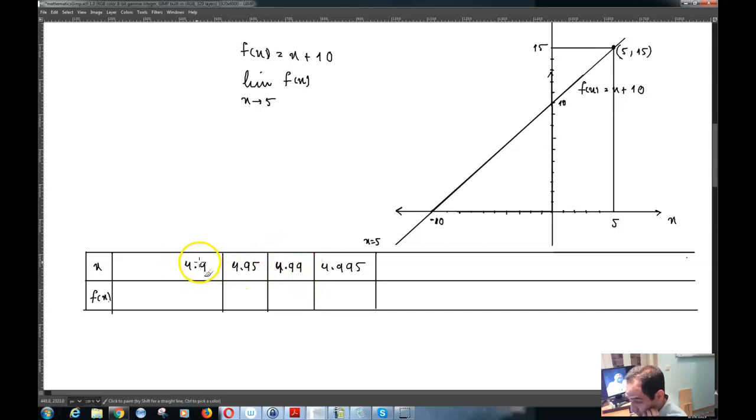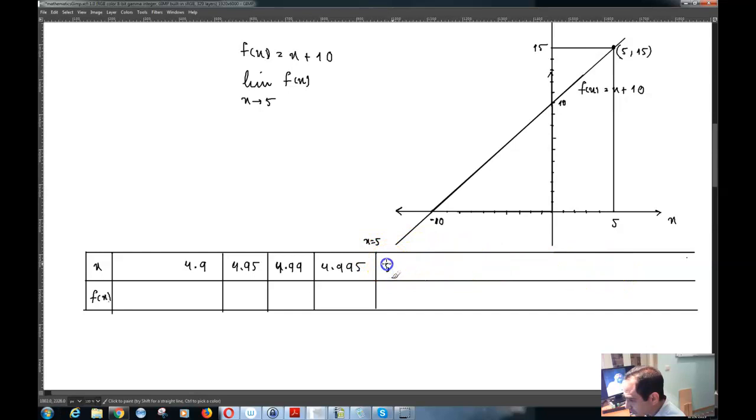So the difference between 4.9 and 5 is 1/10 of a unit. This is 1/100th of a unit, and this is 5,000th of a unit. And then I can approach x from the right.